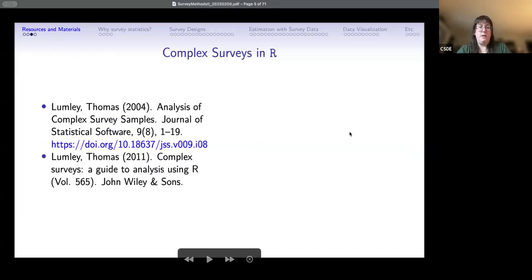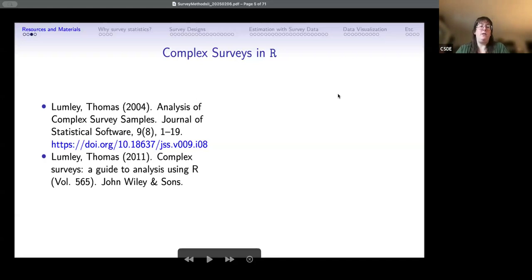Oh no, there's supposed to be a picture of a textbook here, but Thomas Lumley is the author of the survey package. He's also the author of the survey commands, the svy commands in Stata, and I think is a contributing author, if not the author, of the srvyr package I mentioned that is more tidyverse and a little bit more user-friendly, but is really under the hood using the functions we're going to talk about today.